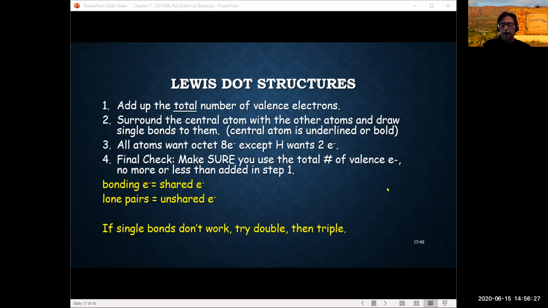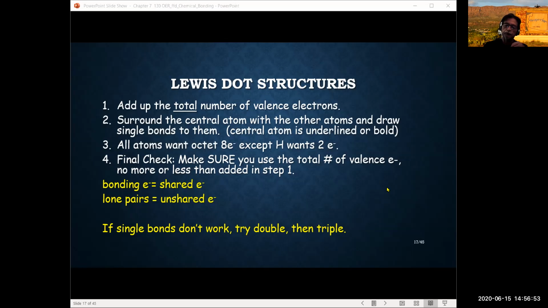Once we put all these together and we see that one atom is not fulfilling the octet rule, we start creating double bonds. And if that still doesn't work, then we create triple bonds. We're not creating them, we're taking these pairs that are now bonded and having them share with the other atom.